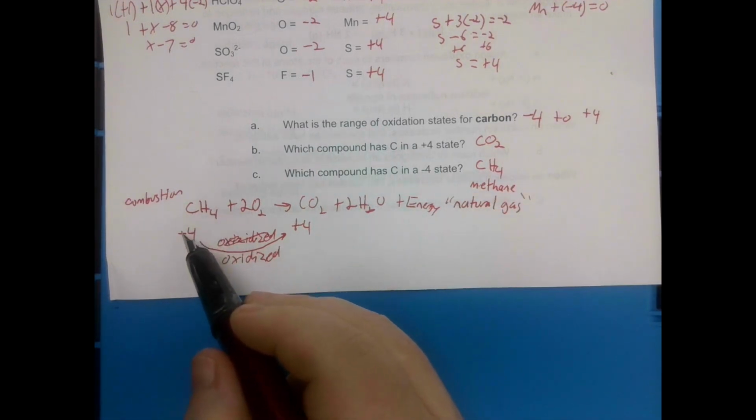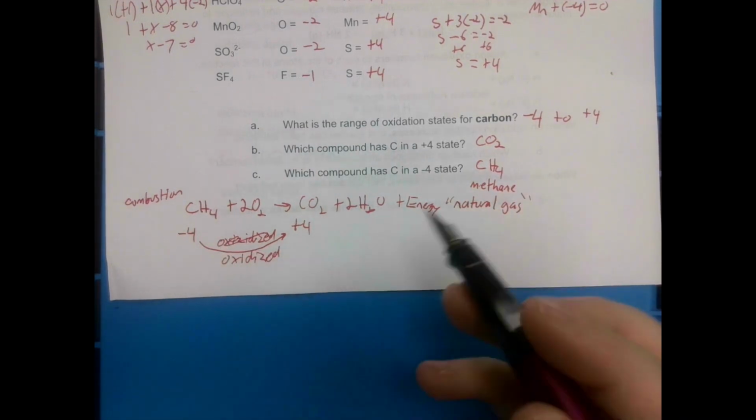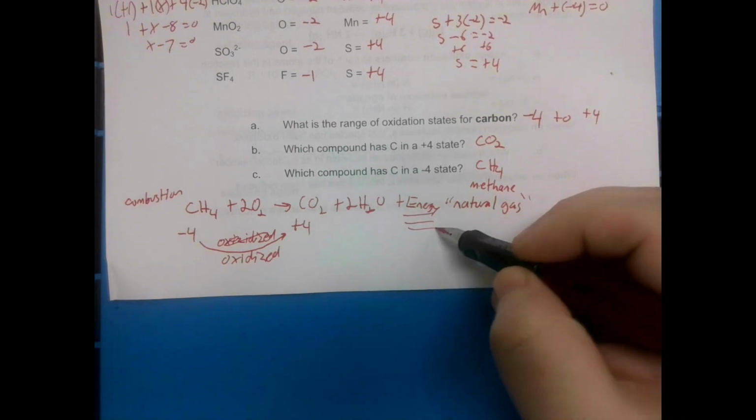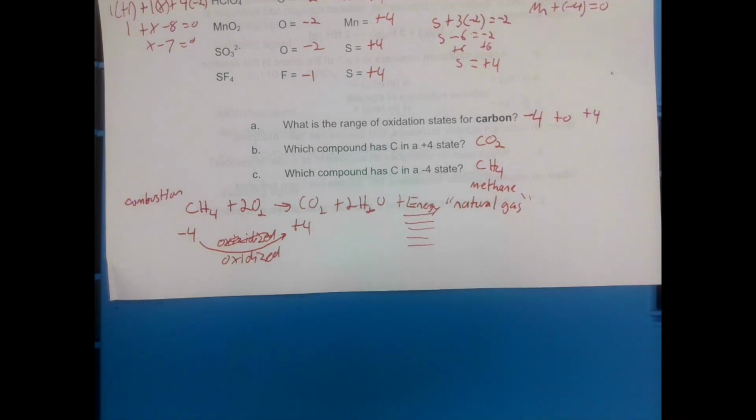Because carbon is going from -4 to +4, this releases lots and lots of energy. It's the reason we use methane to heat our houses and a lot of fuel sources. Gasoline is more efficient, but gasoline has carbon going from -4 to +4. There's multiple carbon atoms going on.